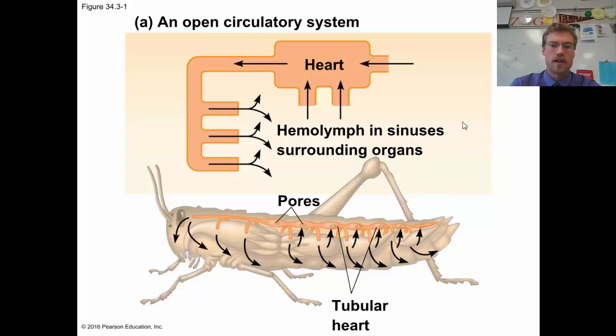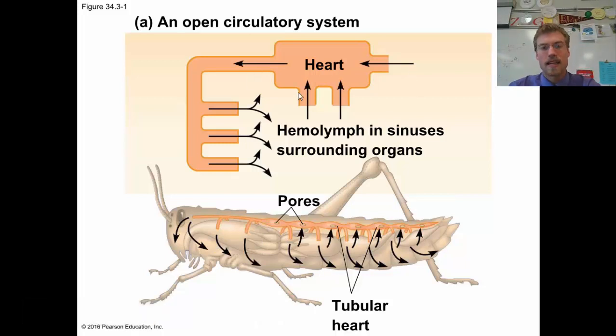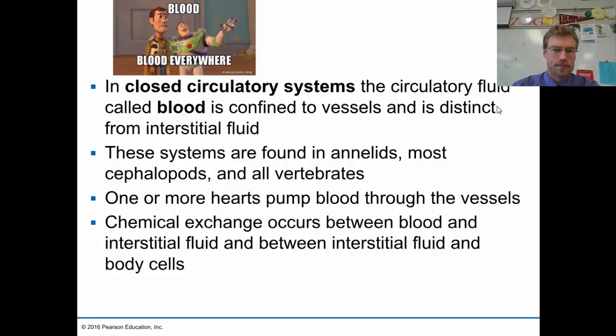Here's an example of an open circulatory system, which is something that a grasshopper or insects have. You have a heart that pumps the liquid into the body cavity. It then bathes all of the organs, and then it also pulls back in and continues the circulation of that hemolymph.